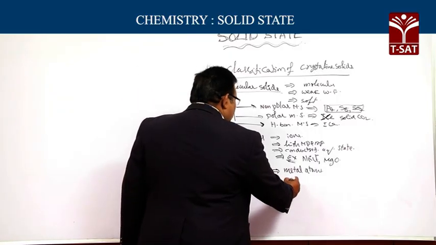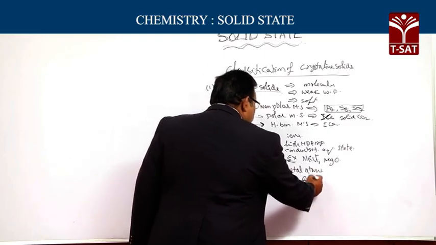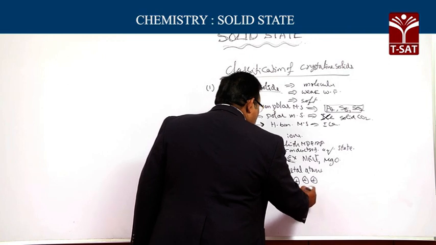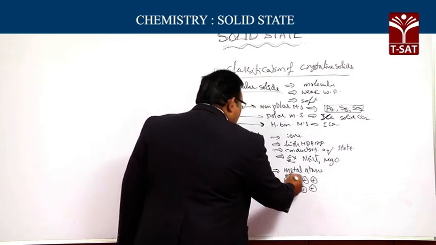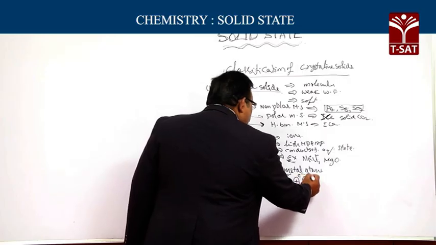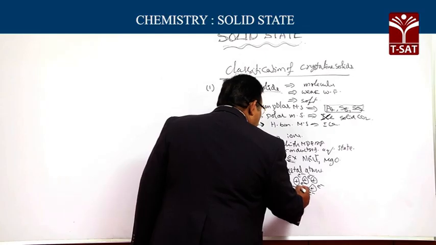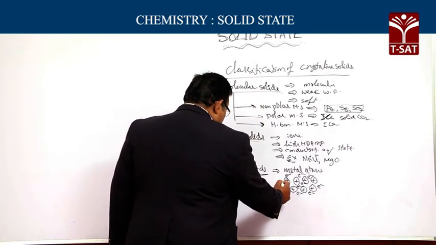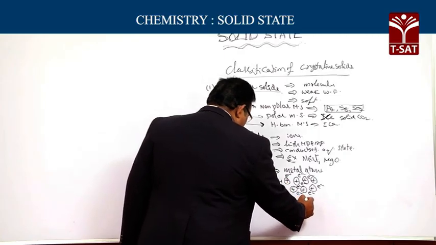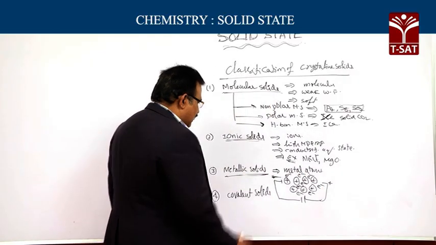In the metallic solids, different metal cations are present like this, and the electrons are just like a sea of electrons. If you connect to a wire, it conducts electricity.